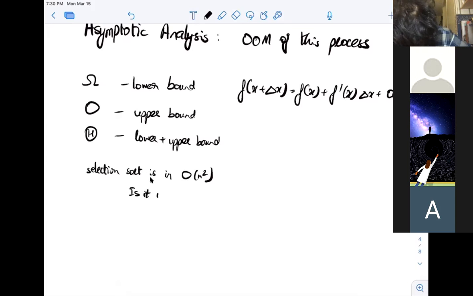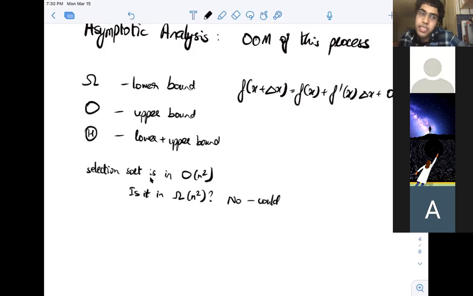Okay. Is it in omega of n squared? Can we think of a case where this isn't necessarily true, where it doesn't take all this work? Is it the one where it's already solved? Yep, where it's already solved.